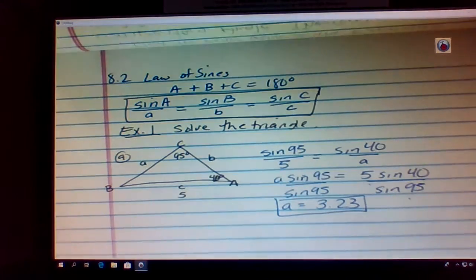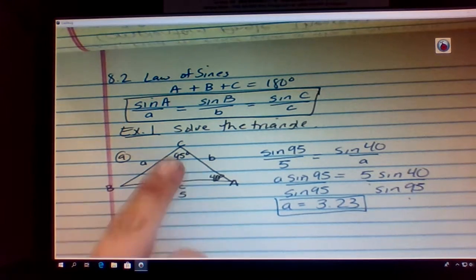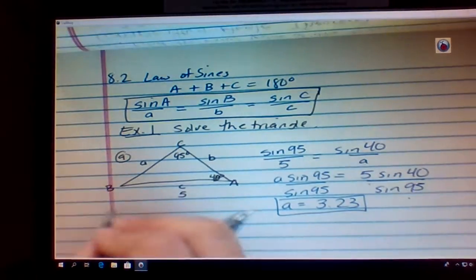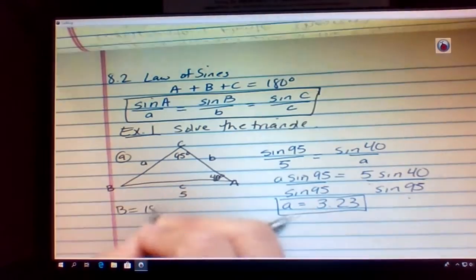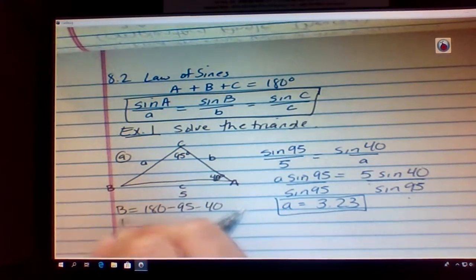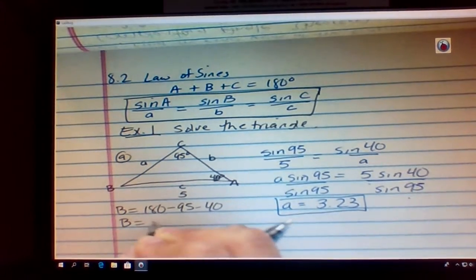So I found little a, but can I find little b? In order to find little b, I at least need to know the angle. Can you figure out the angle? Yes, because you already have 2, 95 plus 40. To find big B, I have 180 minus 95 minus 40, which gives me that B is 45 degrees.